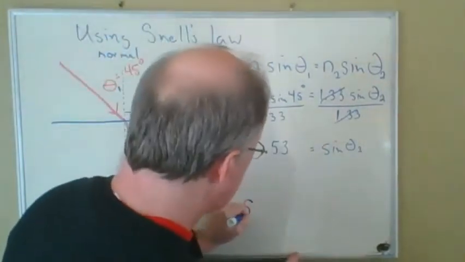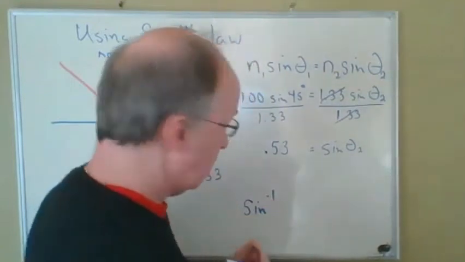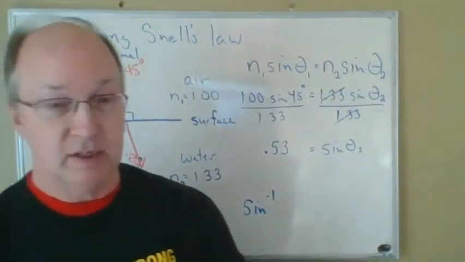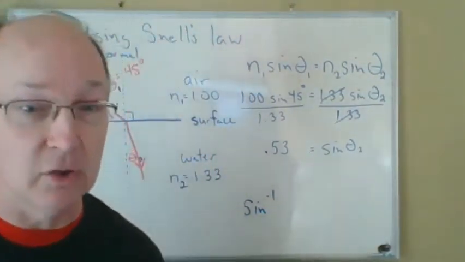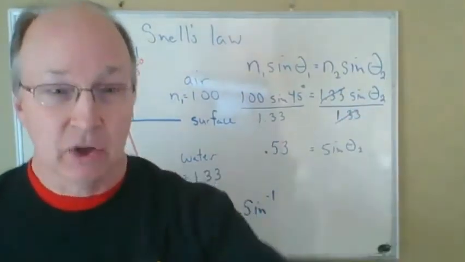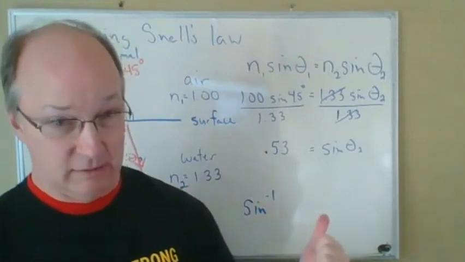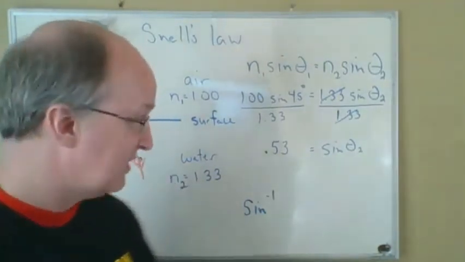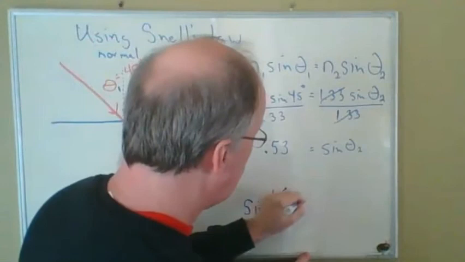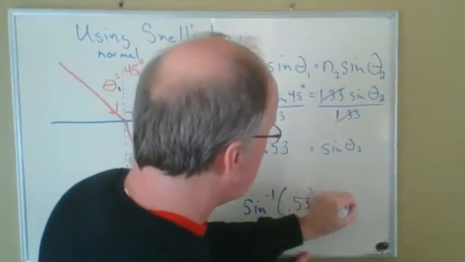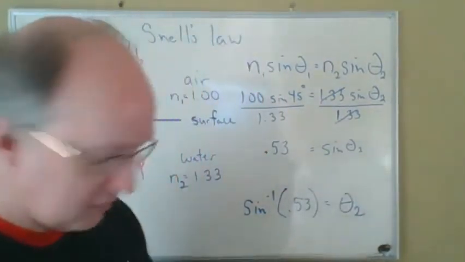Inverse sine looks like this, sine to the -1. And when you punch that button, you're asking your calculator to tell you, what is the angle that has this as its sine? So you want to find the inverse sine of 0.53. And that's going to tell you what theta 2 is.